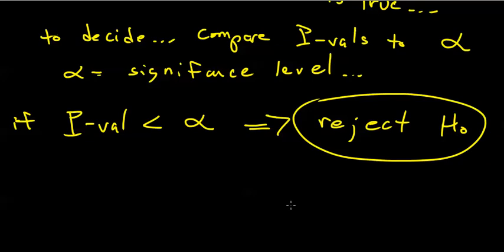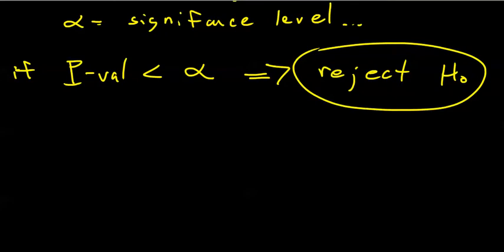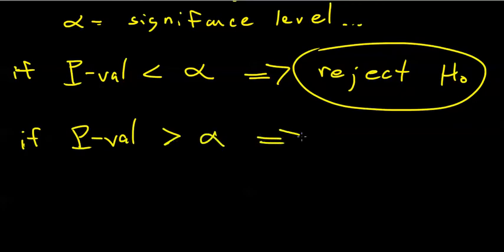Again, this doesn't really prove H0 is false. Our sample data suggests H0 is false. And conversely, if your p-value is greater than alpha, well, that implies our data is weak and we fail to reject H0.